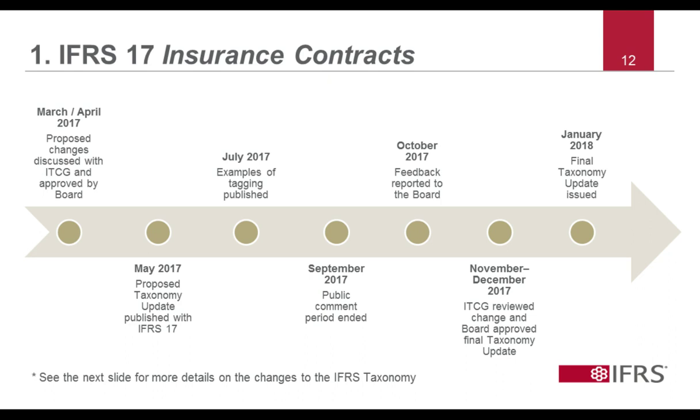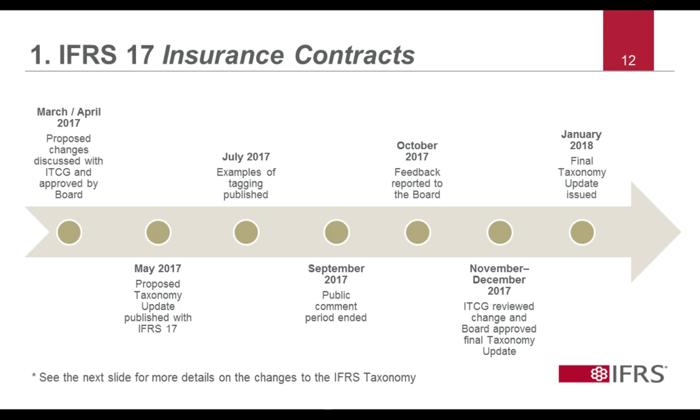Now, let's start with the changes related to IFRS 17 insurance contracts. The slide highlights the due process steps taken before the update was included in the annual IFRS taxonomy. It has most of the steps that Anne already described on the previous slide. The proposed changes to the IFRS taxonomy were discussed with the ITCG, our consultative group, and the board prior to publishing the proposed taxonomy update.